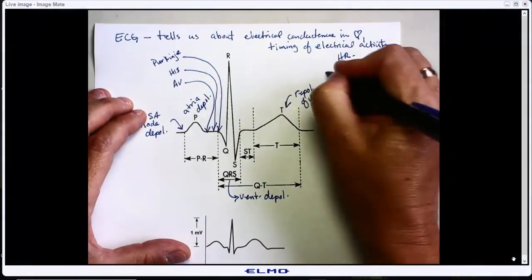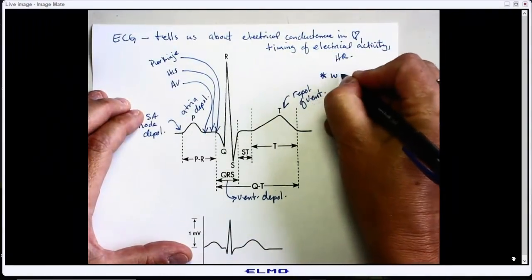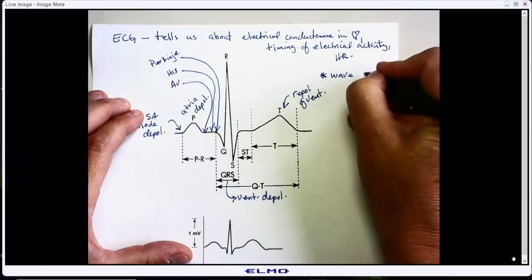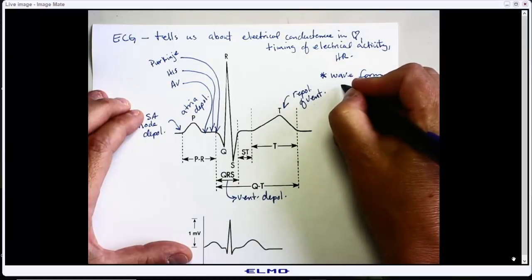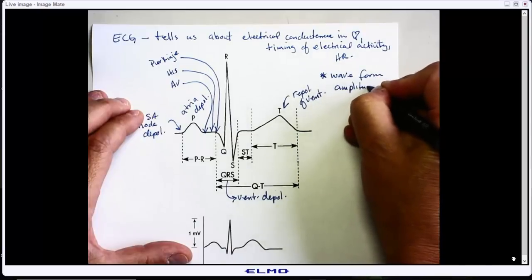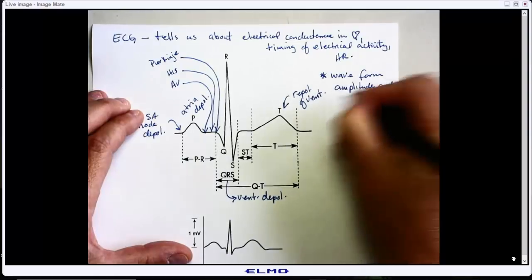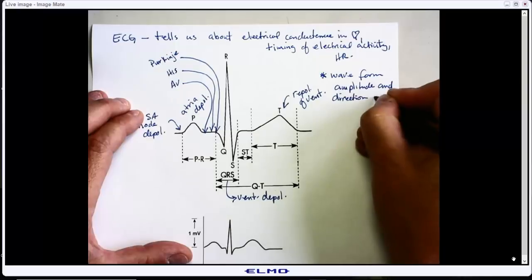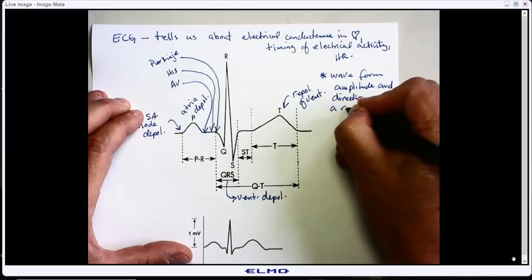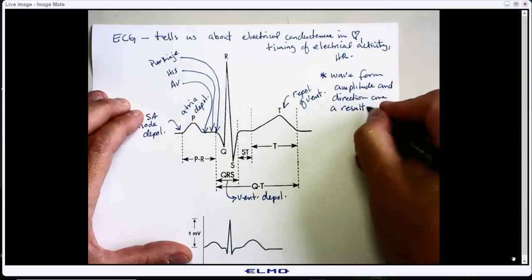Okay, so really critical in how you think about an ECG is to remember that the waveform, amplitude, and direction are a result of electrode placement.